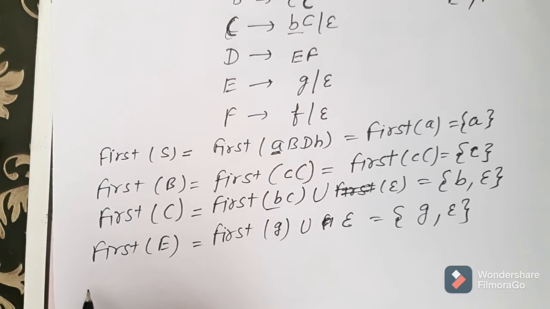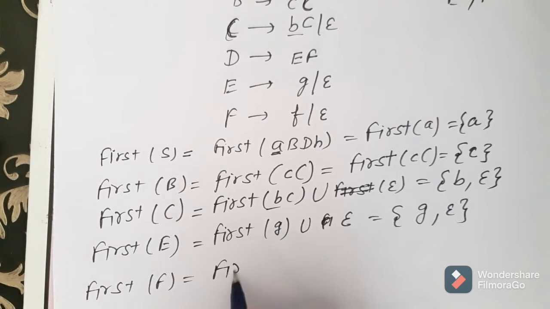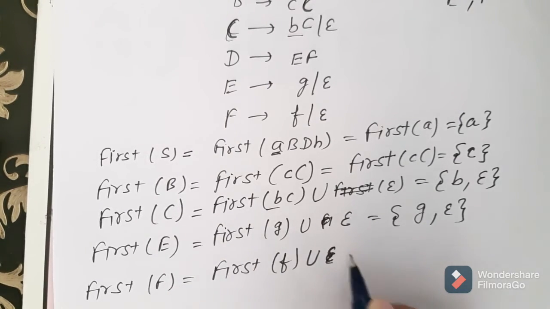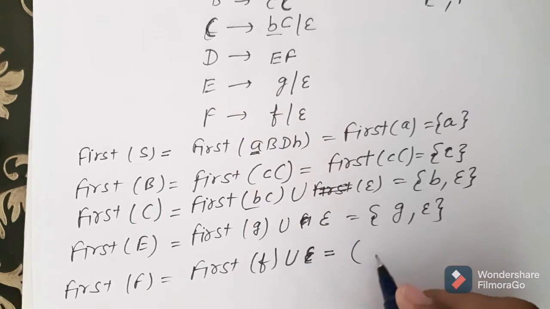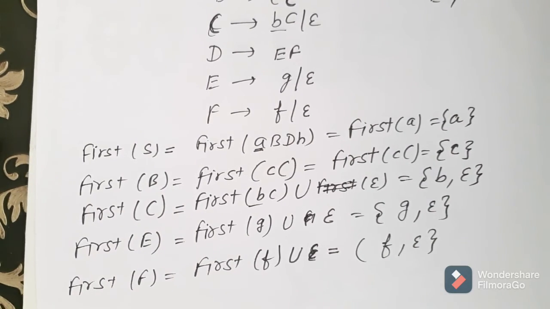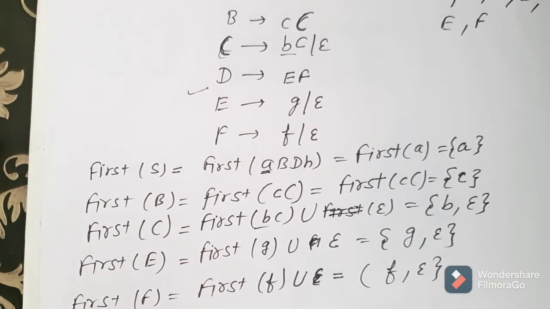And now first of F. First of F is epsilon, we can directly add it as a first. So F epsilon. Now I can easily calculate the first of D because I have calculated E and F.